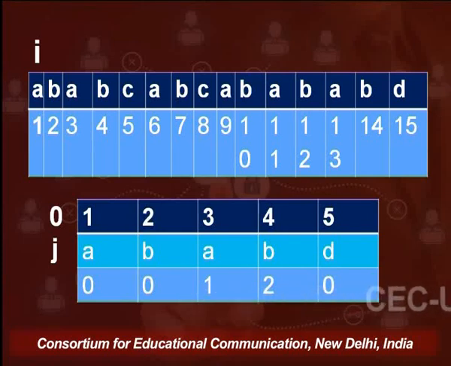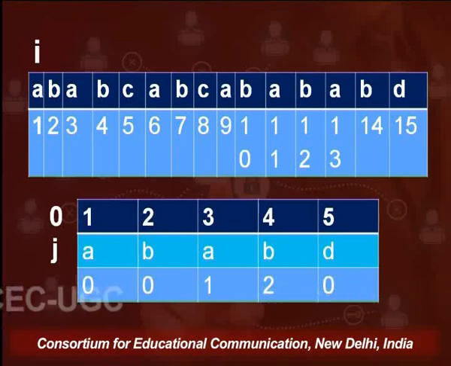Now we are taking two counter variables, one for i and another for j. We have to be very careful about what is happening here. I will be comparing i with j plus 1, and if there is a match, I will increment both of the variables.